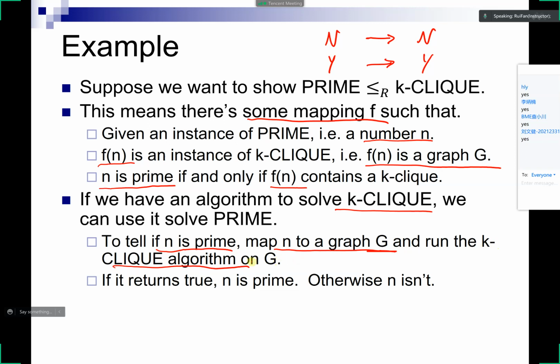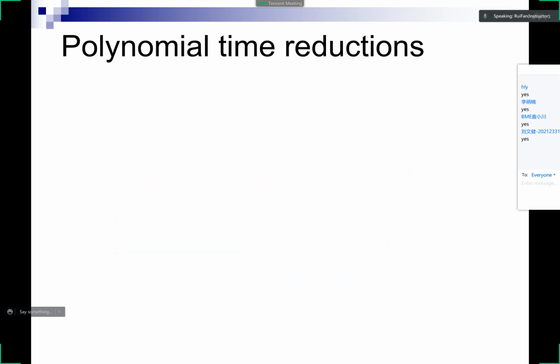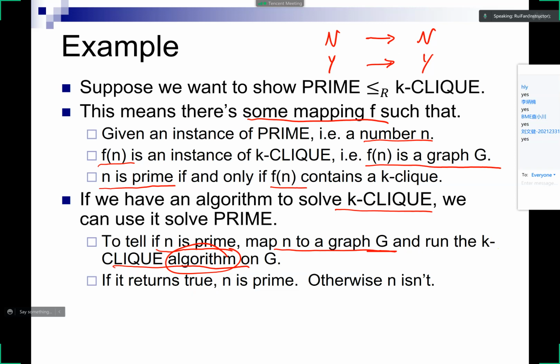Whatever answer this k-clique algorithm returns, you return the same answer for prime. So if you can find such a mapping, then this would show that prime is not more difficult than k-clique. Okay, so that's how we define reductions.